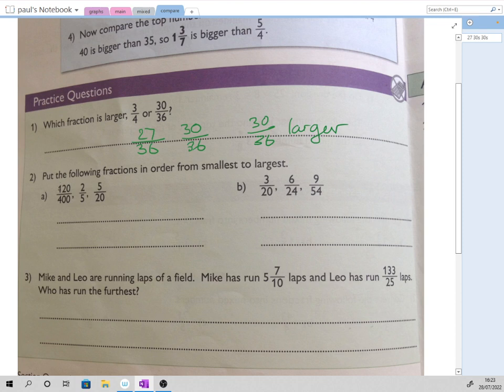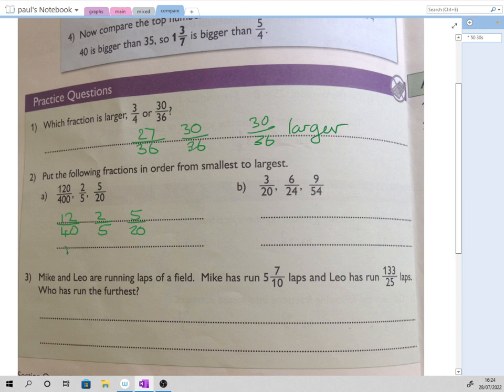Can you see what we can do with this fraction? We can divide by 10 to give us 12 over 40, 2 over 5, and 5 over 20. Okay, so it's a bit smaller, it's an equivalent, and I'm going to make everything 40ths.